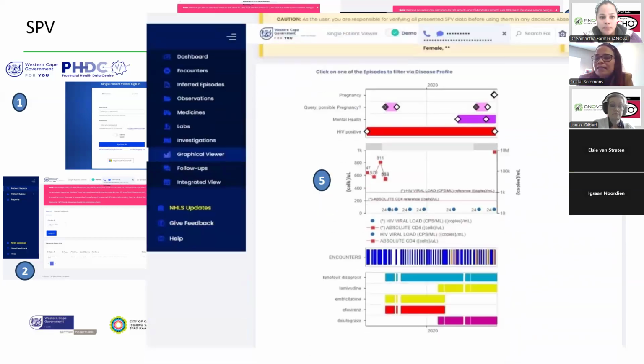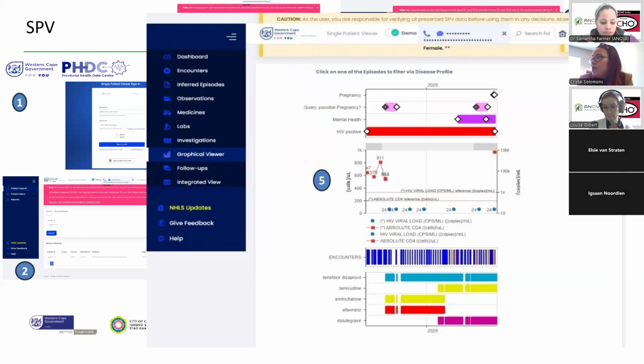In terms of the lab, which I think is really great, when you're on SPV and you click on the graphical viewer, you're able to see when the patient was diagnosed, specifically HIV positive. There's a graphical view of the patient's CD4 count since the diagnosis.